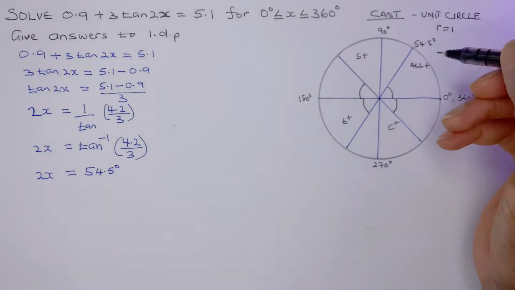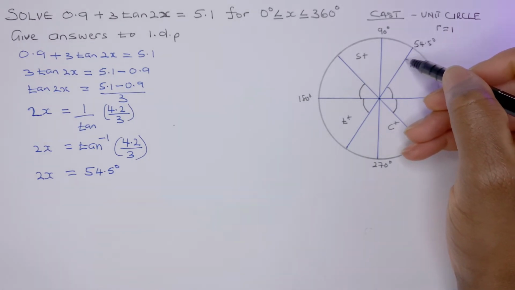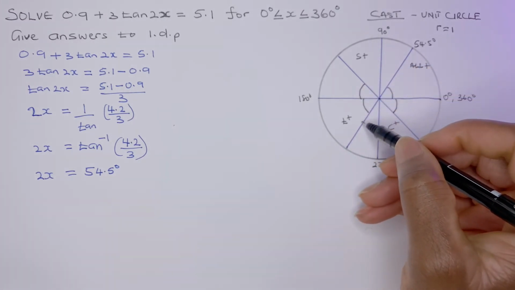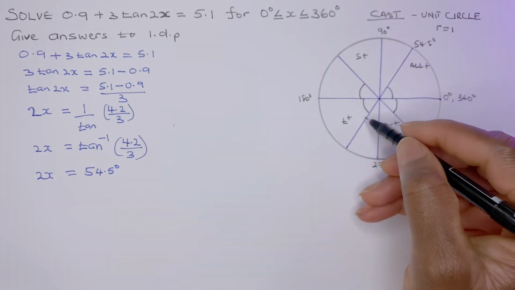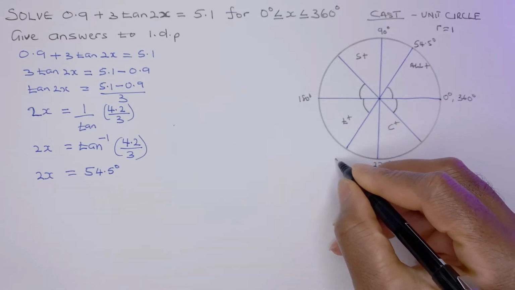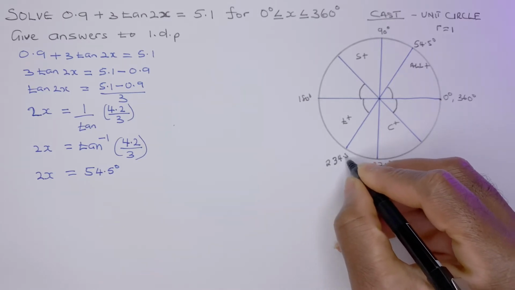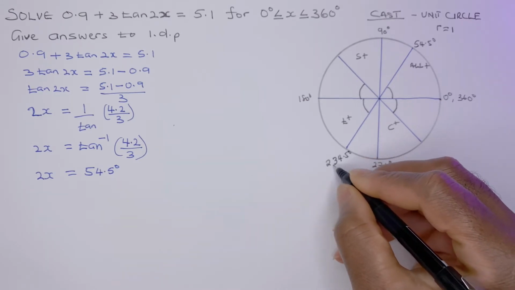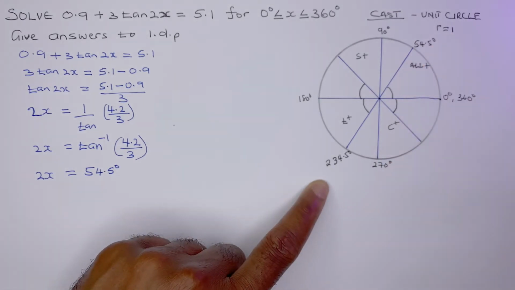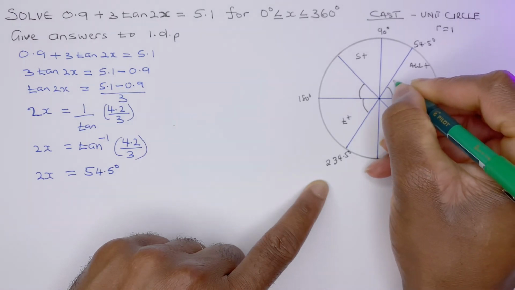So if this is 54.5 degrees, that's a straight line all the way to here. That means I'm adding 180 to 54.5 degrees, and that will be 234.5 degrees. So this angle here is 234.5 degrees. We measure angles anti-clockwise from 0 degrees.